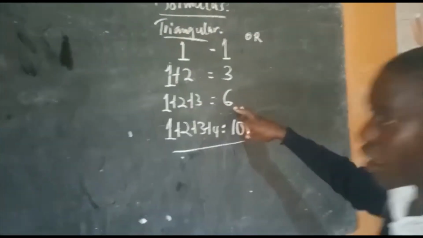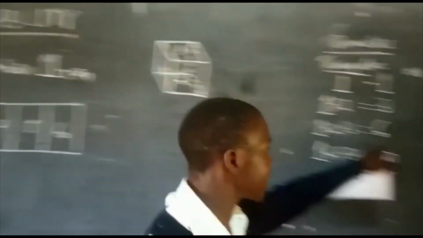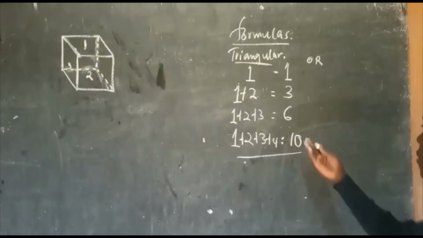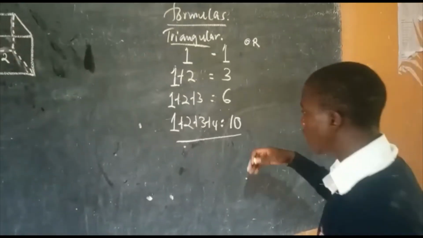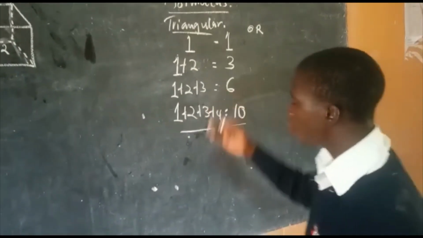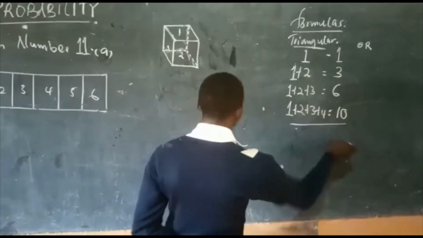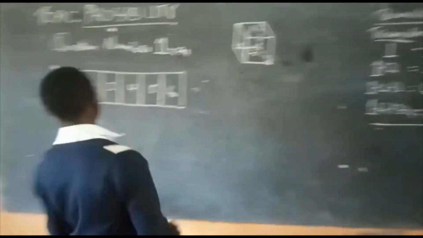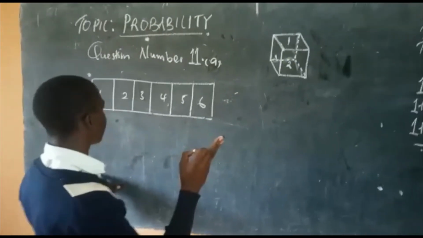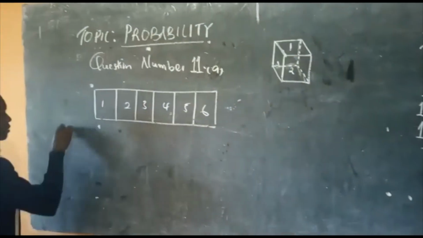If I compare with the numbers of the dice, 6 is the maximum number, so I might stop at this. But if you want to continue, you will add the first 5 counting numbers to obtain the fifth triangular number, 15.